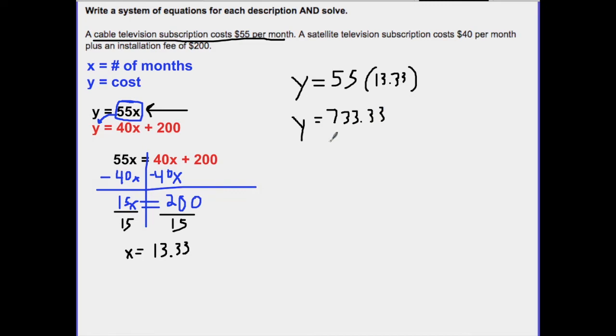All right, so mathematically, our answer is x comma y: 13.33 comma 733.33. Now we have to change it into a sentence too. So what does that mean?